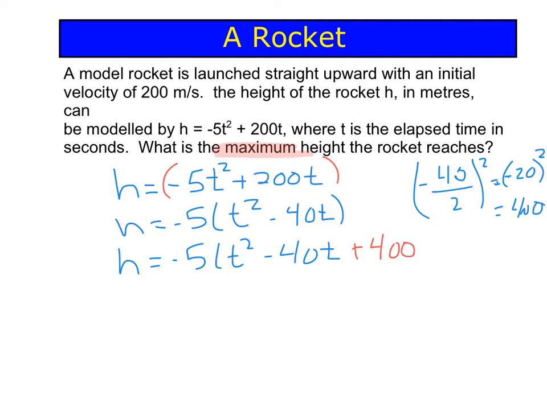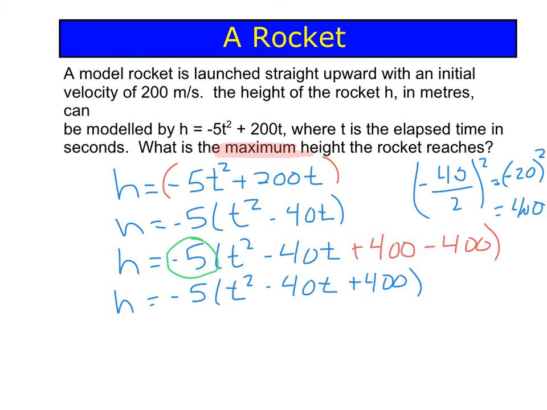So remember to add and subtract it in. Get the negative out of the bracket. Multiply by negative 5. That'll take it outside the bracket, which will be 2,000. And then just complete the square.